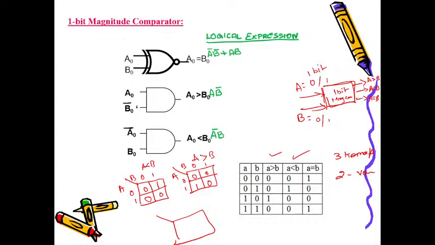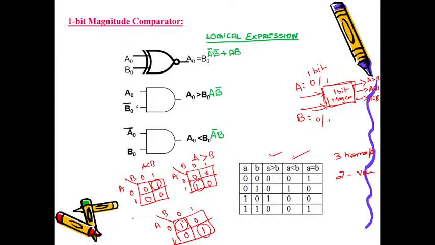A is greater than B. Similarly, for A equal to B, here A equal to B. So which conditions will you have when both the inputs are 0, 0 high, and when both the inputs are high, you will have the equality function. For the remaining cases, it will be lesser. So what is the grouping here? Only single, here also single, here also, because it is diagonally present.